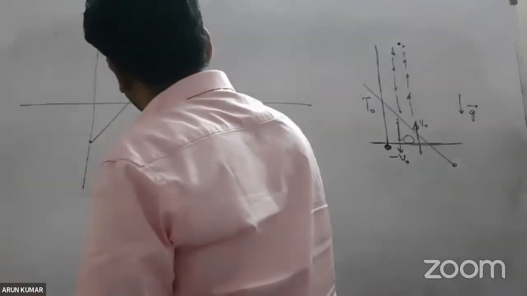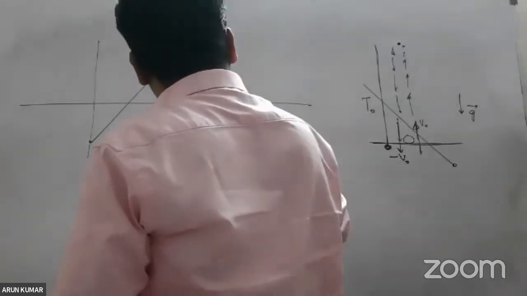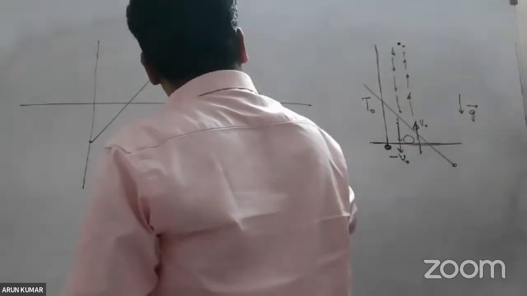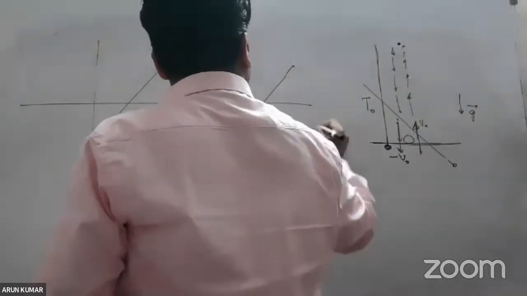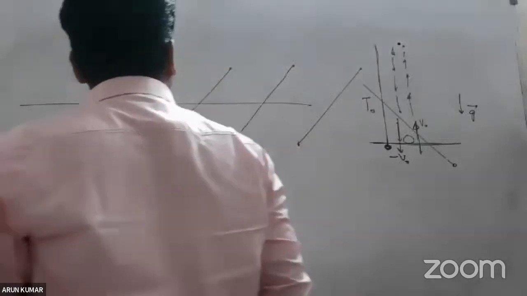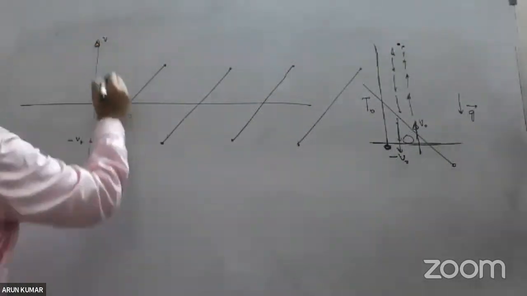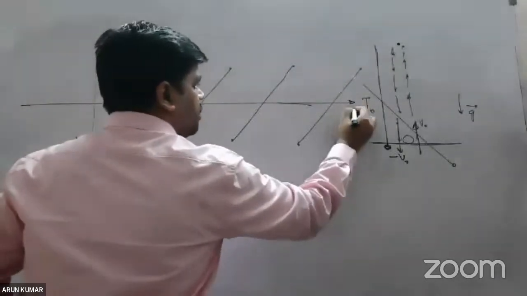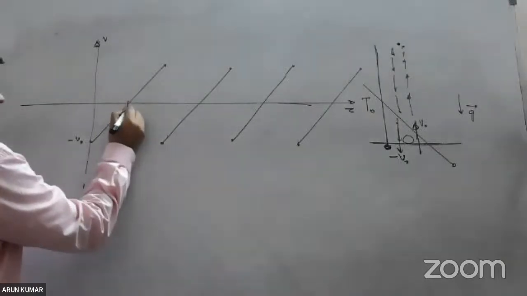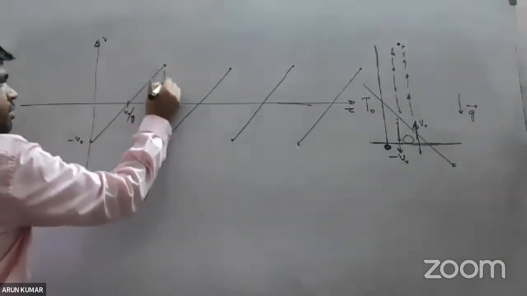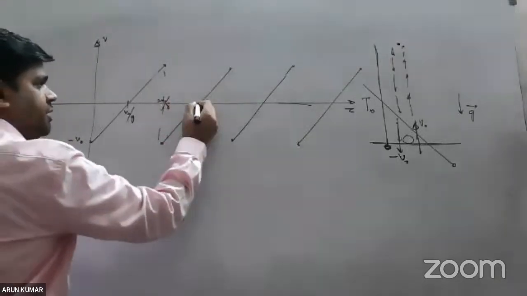Because the particle is moving from downwards to upwards. This is the v-t graph, minus V naught, and this is again V naught by g, so it's 2V naught by g, this is 3V naught by g, 4V naught by g and so on.